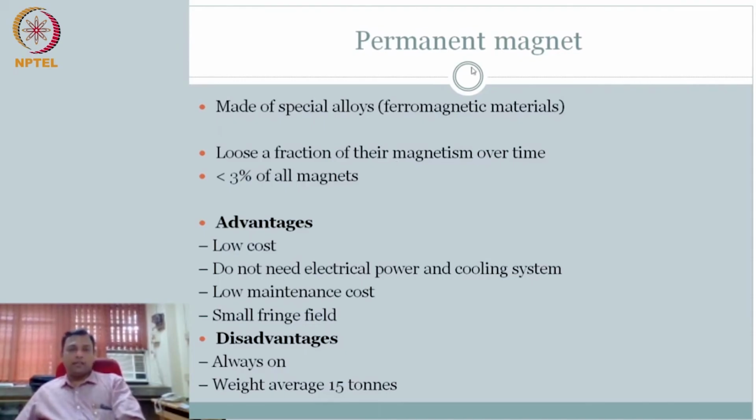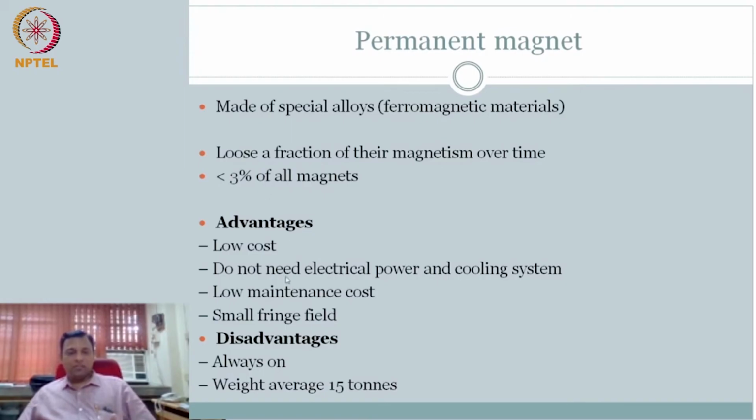So why is it so for the permanent magnet? Even though I said what it is, it's a special alloy. It has its good property. It loses only a very small fraction of magnetism over time. Several of your magnets that you put on the refrigerator are there for a long time. However, it is only less than 3% of all magnets that are used in this business.